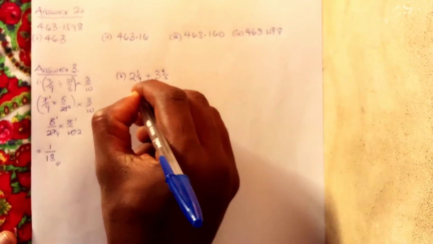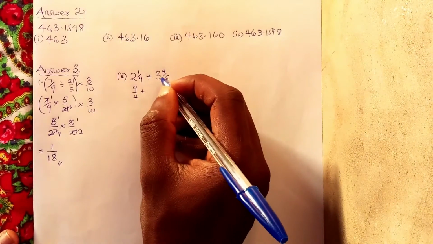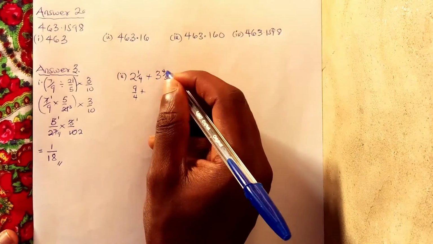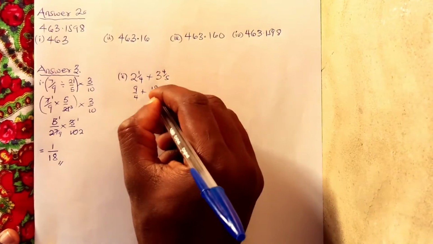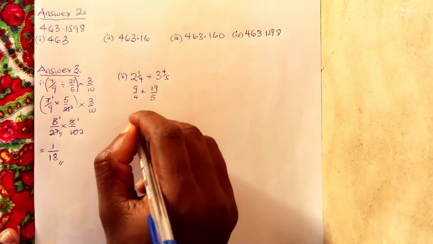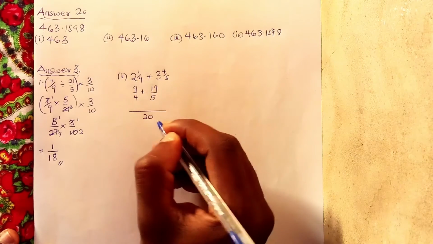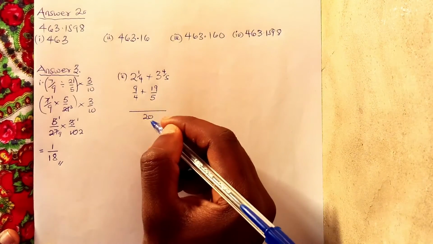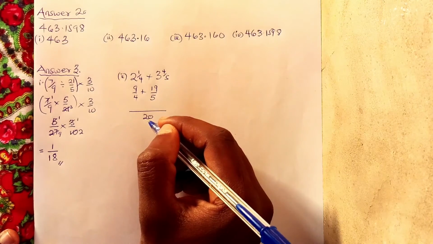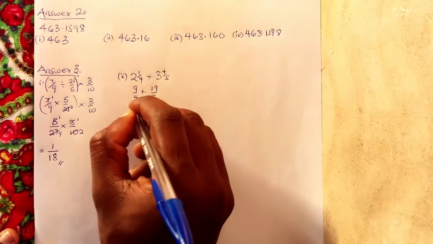So 9 on 4 plus 5 times 3 is 15 plus 4 is 19. So 19 on 5. Find the least common multiple, which is 20. Then now with this, 4 divides 20 5 times. So 5 times the numerator, that's 9, is 45.